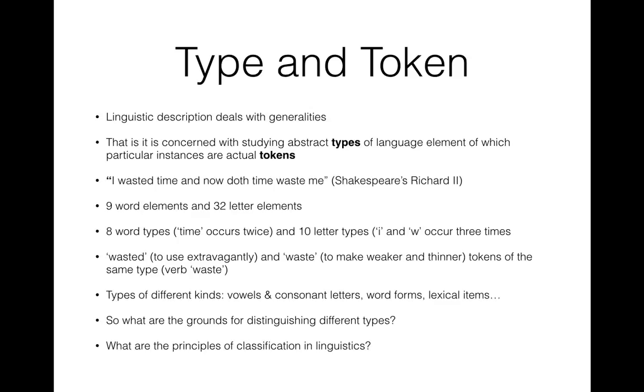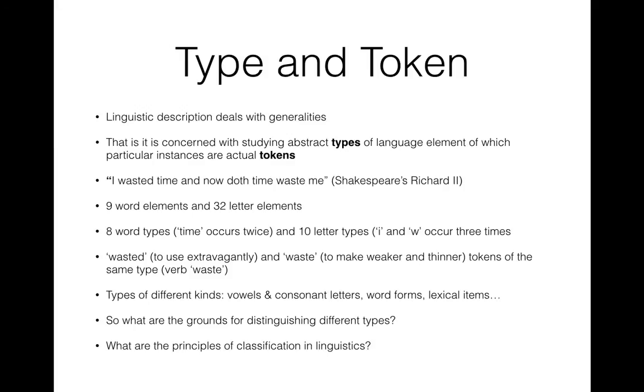But if we're talking about types, we have only one type, the main word, which is the verb waste. So this is 1, then 2, then 3, 4. If you go this way, you have only 8. But if you focus on the tokens, that is, you take into account wasted and you take into account waste, these are tokens, manifestations which are different. If you focus on them, you have 9.